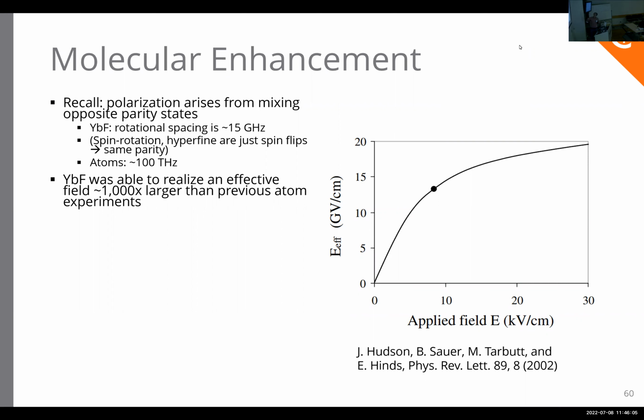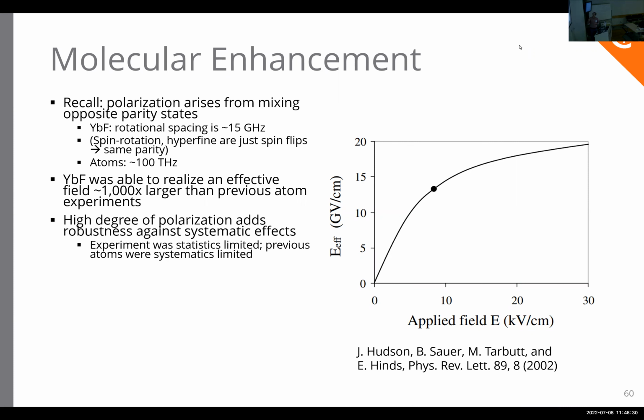This meant the ytterbium fluoride experiment was able to realize effective amplifications of the EDM in their species around 1,000 times larger than these atom experiments, which is what enabled them to eventually beat the atom experiments, even though molecules are intrinsically much harder to work with.